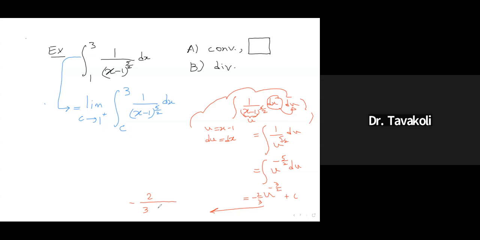But what is u? U is x minus 1. So the integral is minus 2 over 3 times x minus 1 to the power of 3 halves.